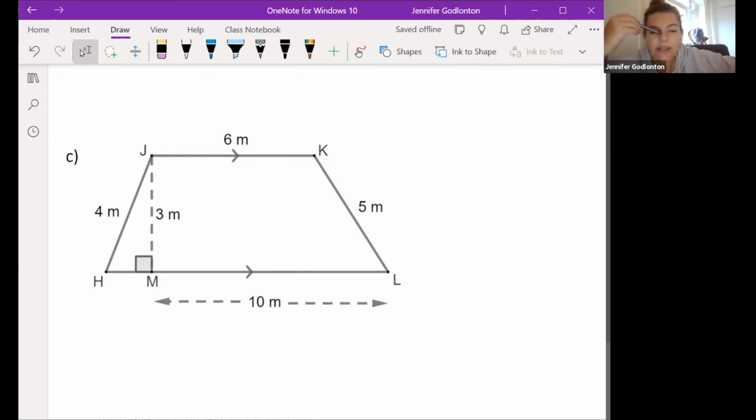As soon as you have an answer for the perimeter of my shape, I want you to pop it in the chat for me, and I'm going to write the answers on the board, and we're going to see who managed to get the correct answer.